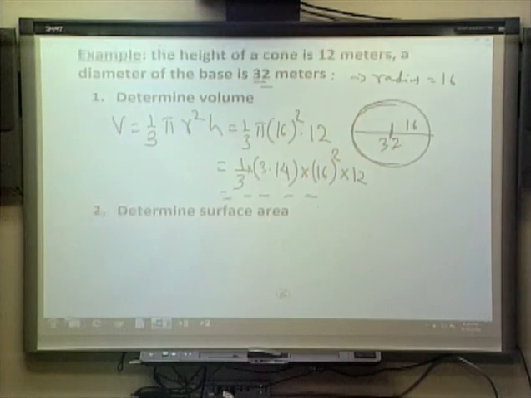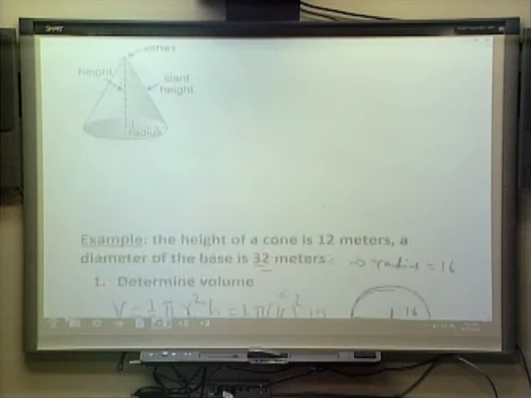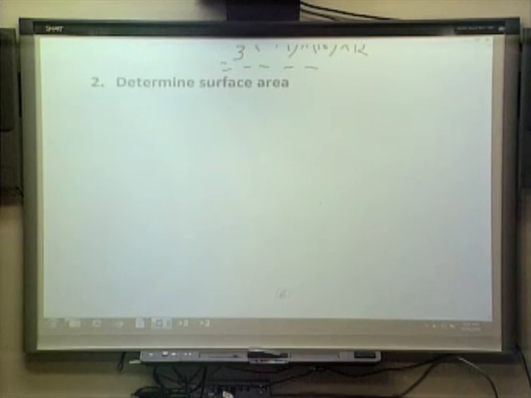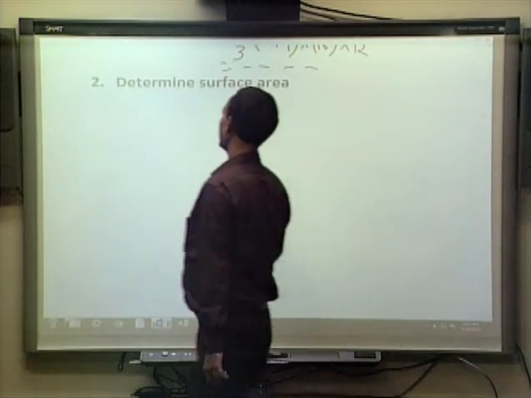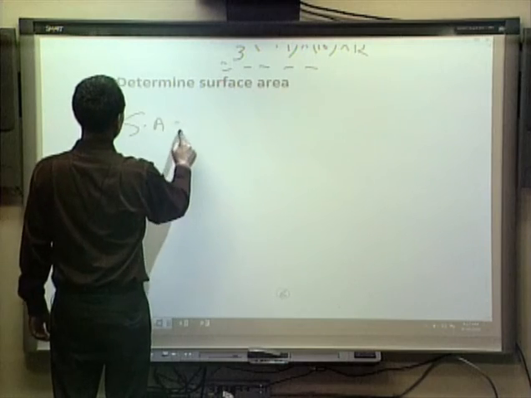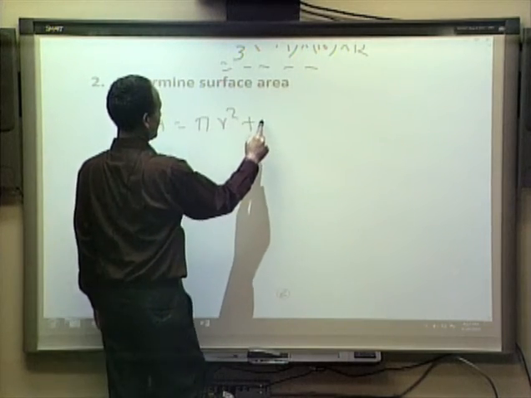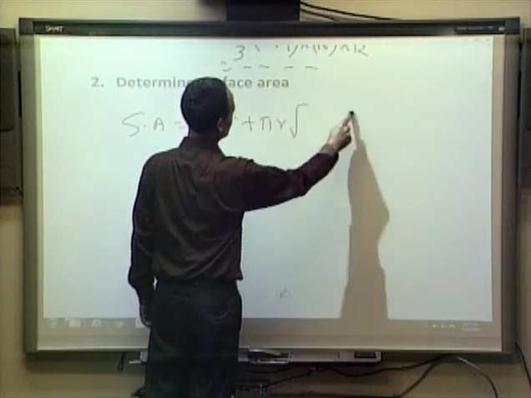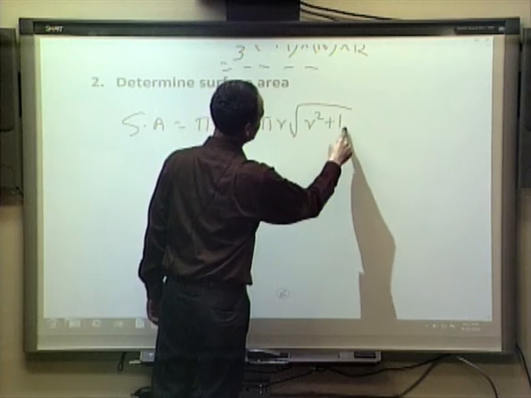And the surface area is pi r square plus pi r times the square root of r square plus h square.